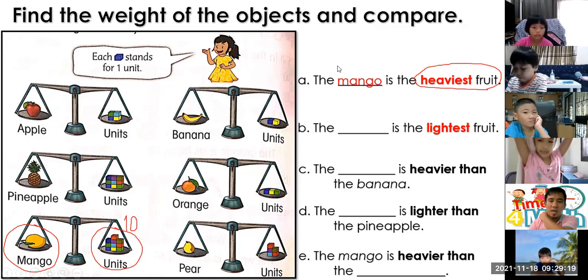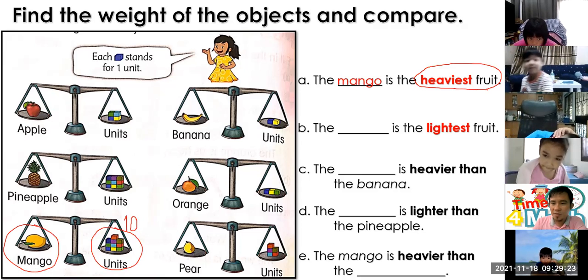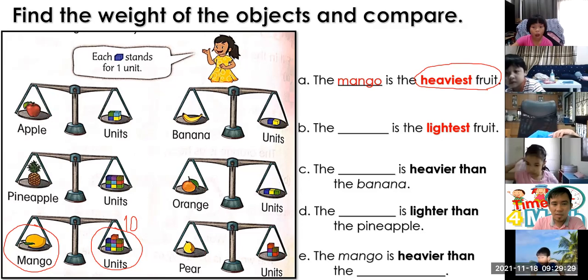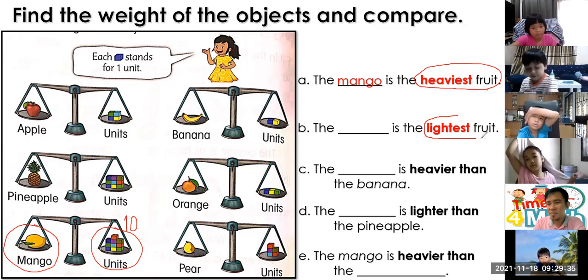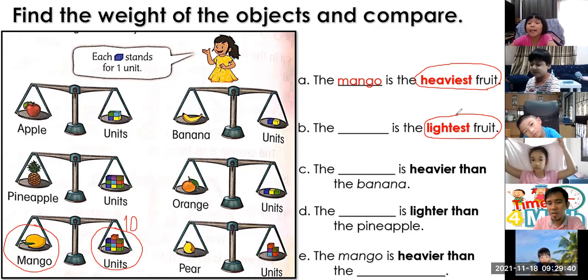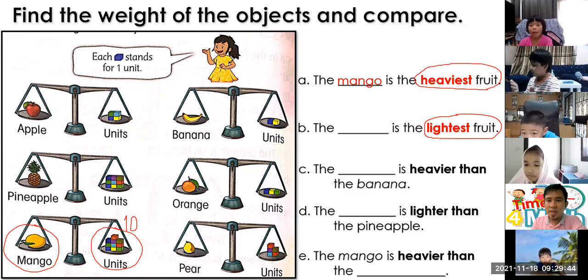Letter B, what is the lightest fruit? Banana. Banana, because how many units is the banana?